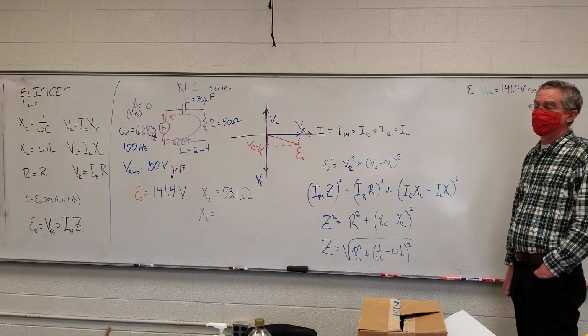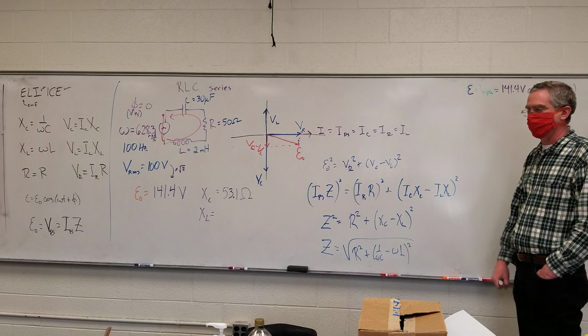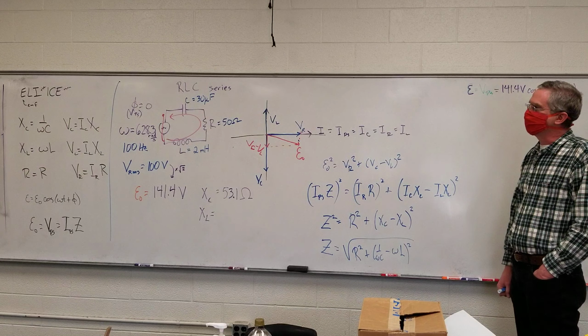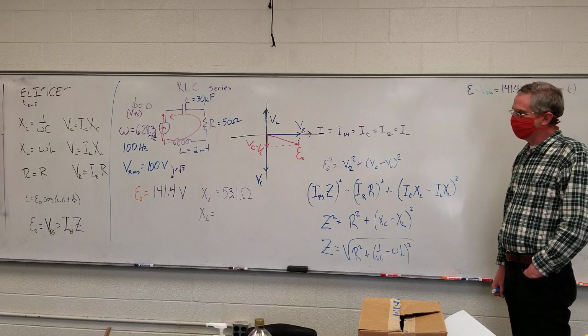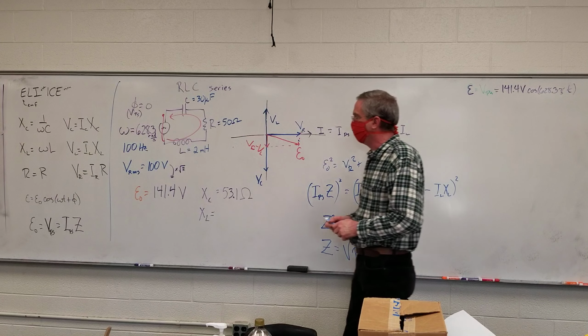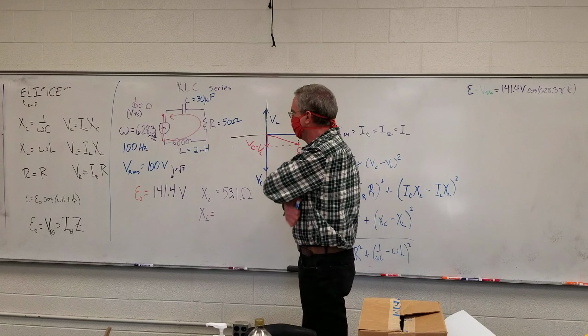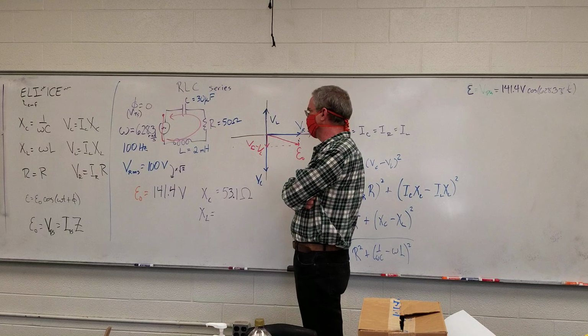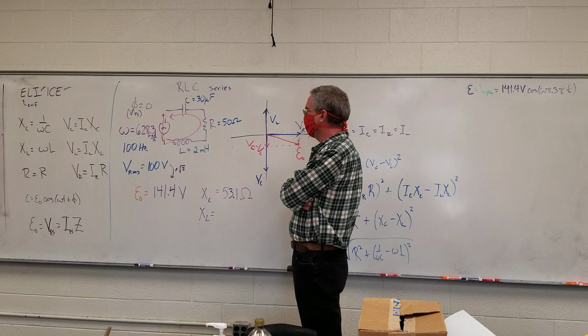X sub L. This is the one where I might change the value there because I'm trying to do it in my head. Having issues. .00006. I put it in microfarads. That does not seem right. Oh, we have to convert this to millihenries, don't we? Yeah.